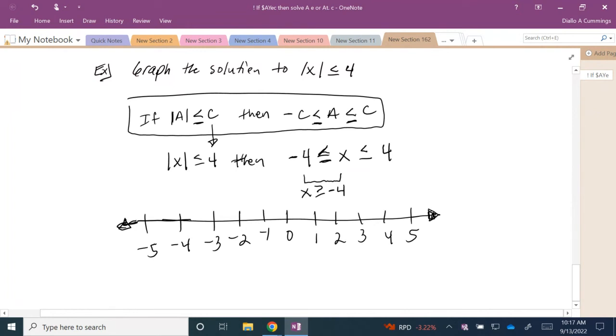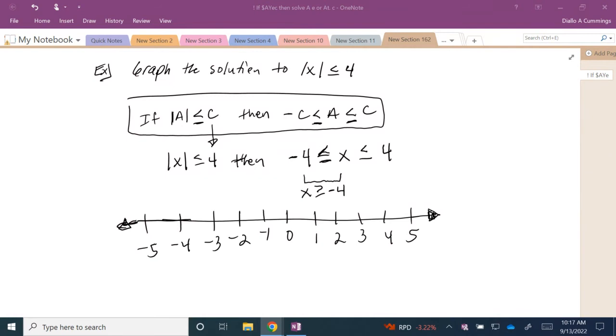When our variable is on the left of the inequality, we can use which way that inequality is pointing to tell which way, if we were using interval notation, our symbol should face and which way our line should go.